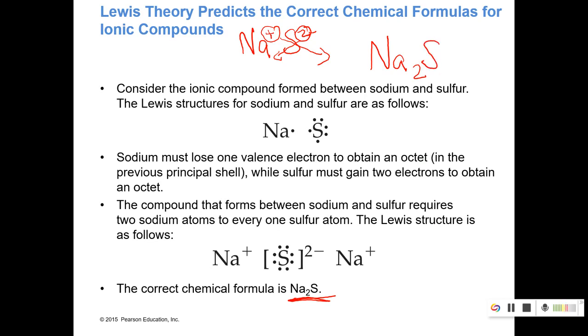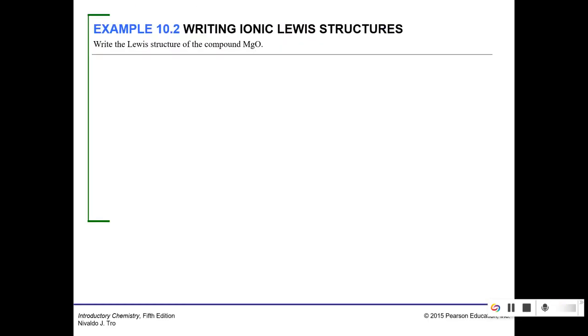It is because you need 2 sodiums to cancel out the 1 sulfur. And you can see that because this sodium gives 1 electron, and then you need another sodium to give the second electron to have 8. So you do have to draw all of the pieces in the formula. Okay. Please just make sure you draw everything that's shown in the formula.